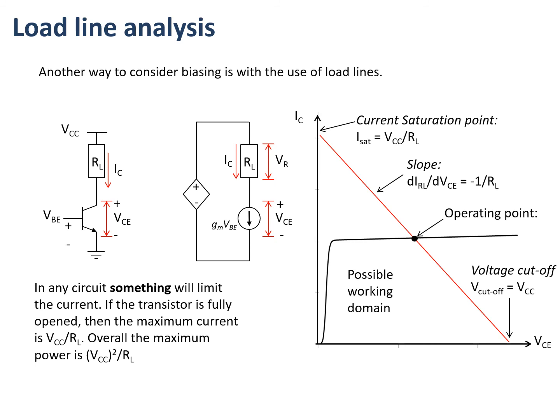So my load line analysis is a way for me to represent the action of the circuit superimposed on the transistor curves that I might get from the datasheet. And we'll see as we get into the detailed circuit design that this load line method can be a very useful way of calculating the values of the circuit components.